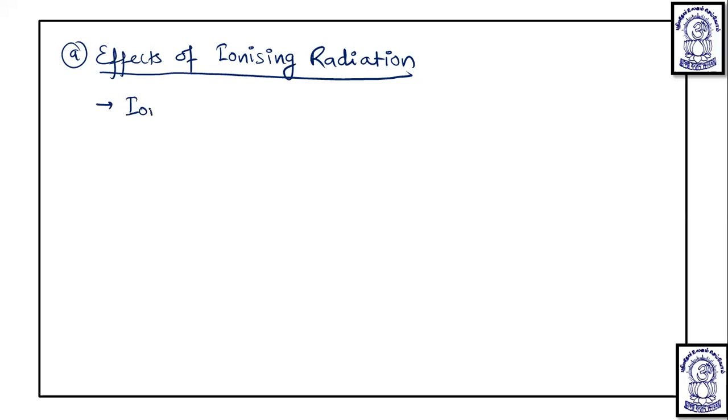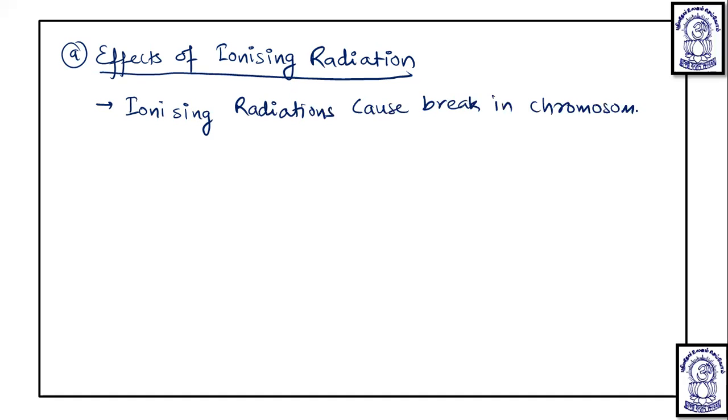This ionizing radiation causes breaks in chromosomes, and due to the breaks in chromosomes, the cells having this mutation show abnormal cell division.